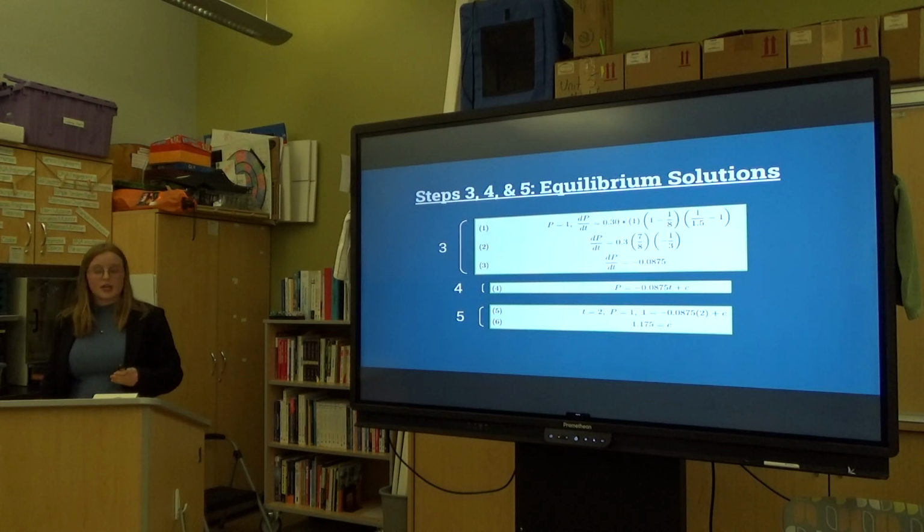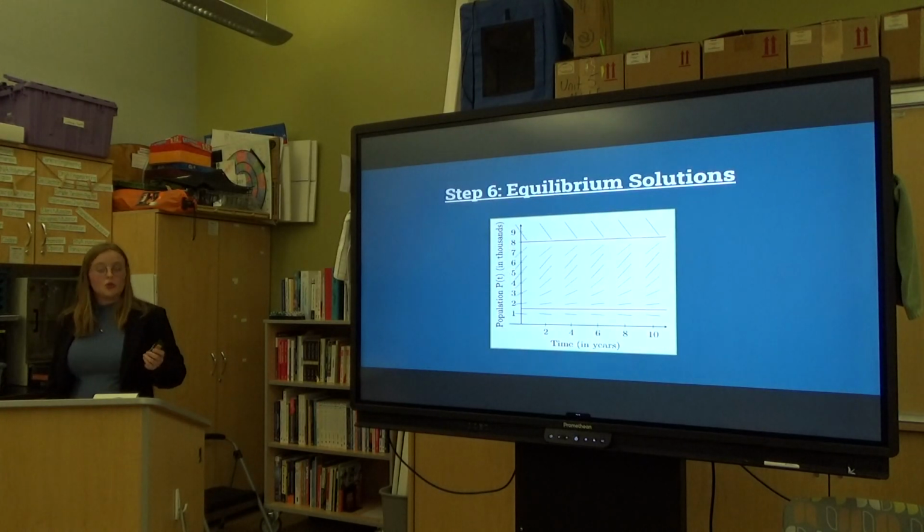So those were counted in one step. And this is when you're trying to plug in your p-value to get your slope for a specific point. Step 4 is plugging in your slope to a slope-intercept form. And step 5 is finding your intercept. This will give you, after multiple repetitions of that step, your slope field.